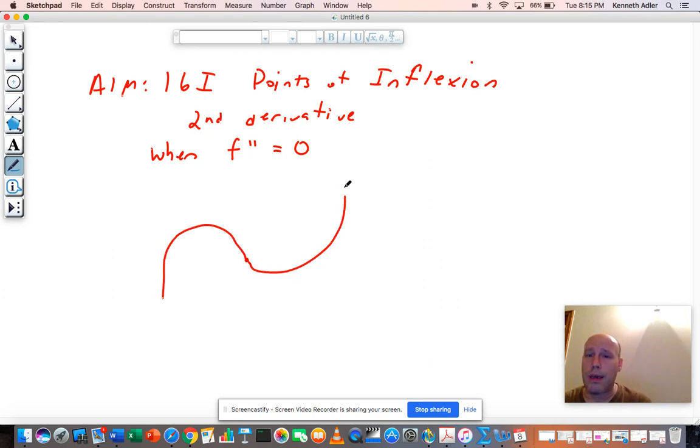This is the point where the concavity changes. So the curve is concave down, and at the inflection point the curve now changes to concave up. Concave down, concave up. And that's basically it.